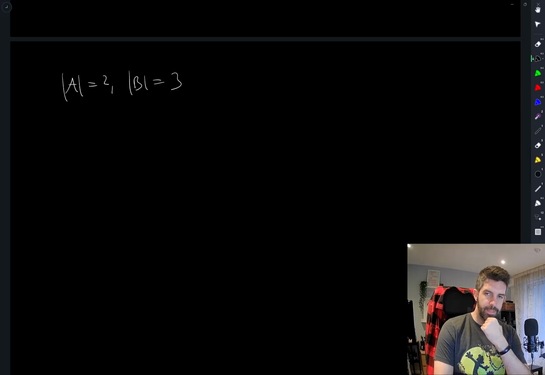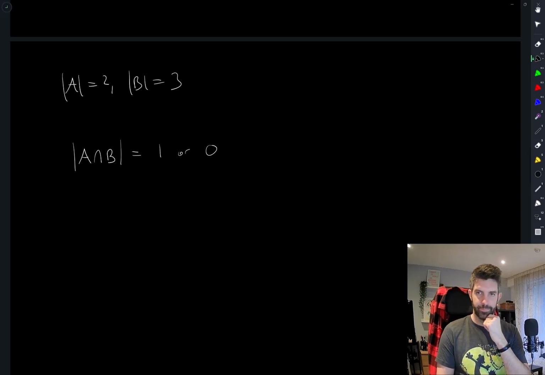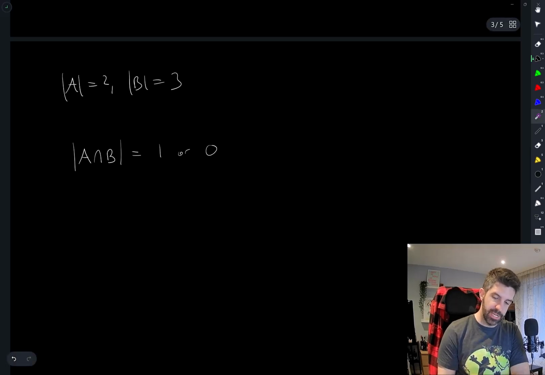But then, if one is not a subset of the other, this has to equal 1 or 0. And if it equals 1, then the union has to have cardinality 6, which is not possible.